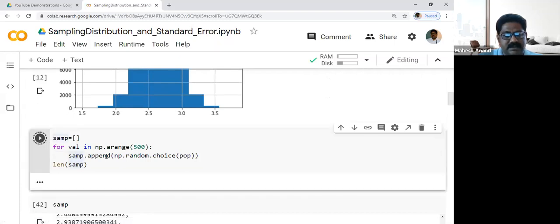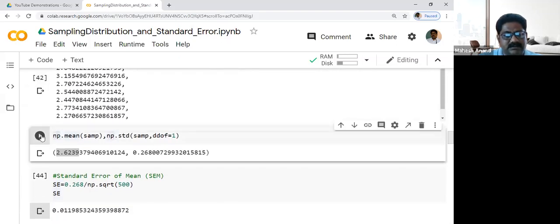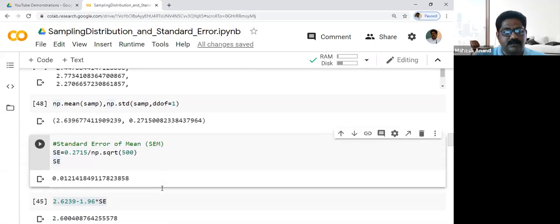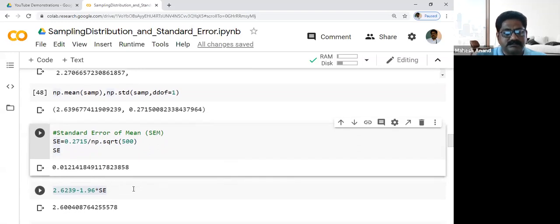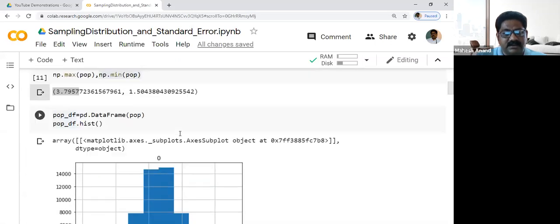Let me once again verify the sample mean and standard deviation. Sample mean, 0.2715, 0.012, because I had edited the required standard deviation here.